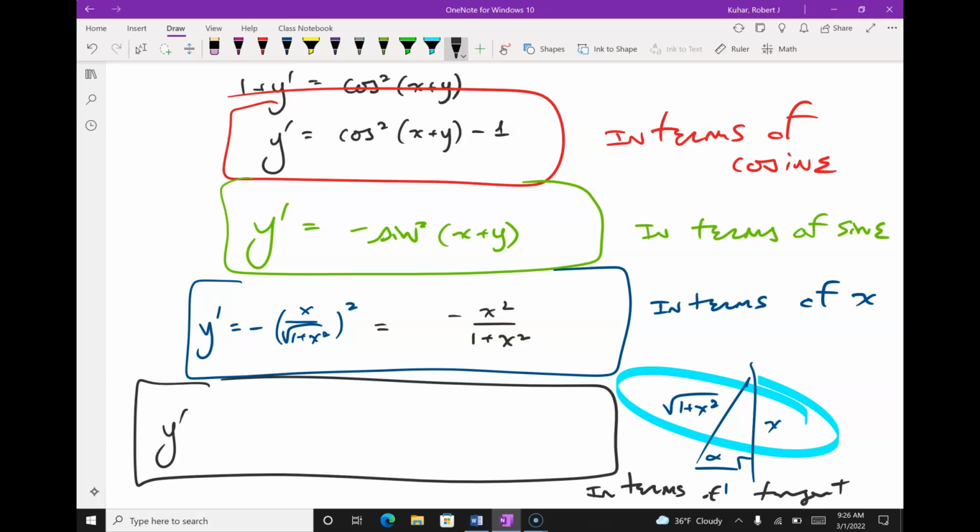Look at my triangle. What's tangent? Yep, so what is it? x. So anytime I see an x, I can replace it with the tangent of x plus y. So I get minus tan squared of x plus y over 1 plus tan squared of x plus y. Strange, strange, strange problem.